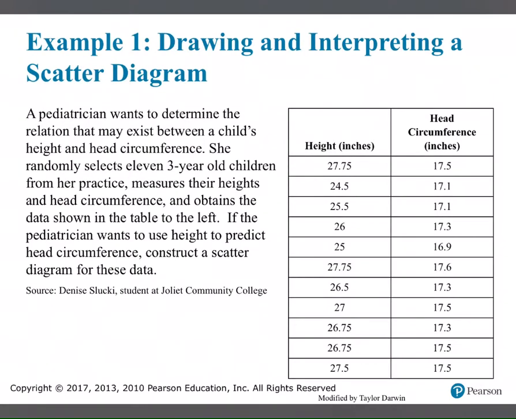So a pediatrician wants to determine the relationship that may exist between a child's height and head circumference. She randomly selects 3-year-old children from her practice, measures their height and head circumference, and obtains the data shown in the table to the left. If the pediatrician wants to use height as a predictor of head circumference, construct a scatter diagram.